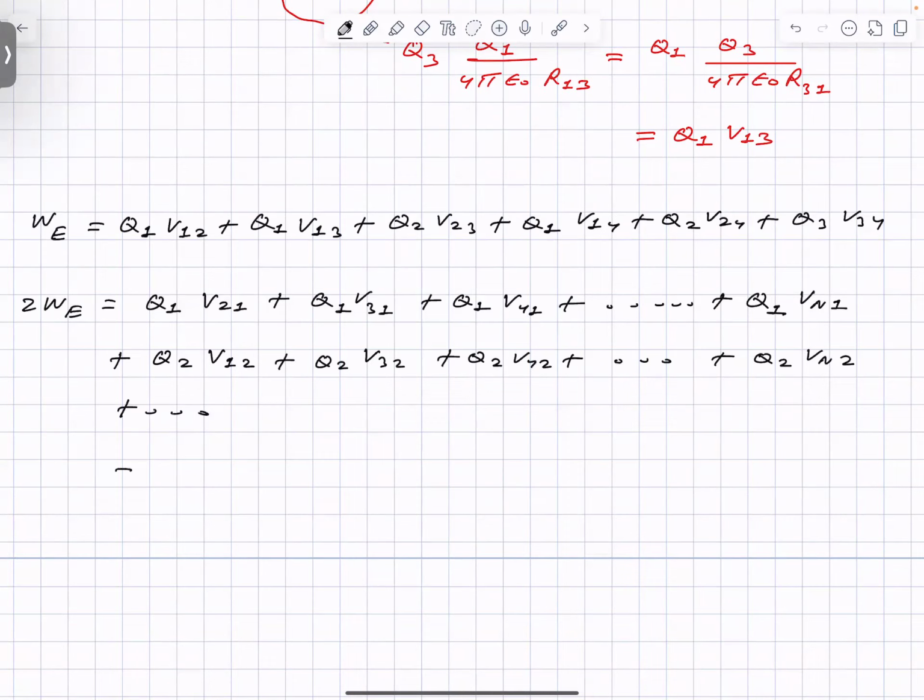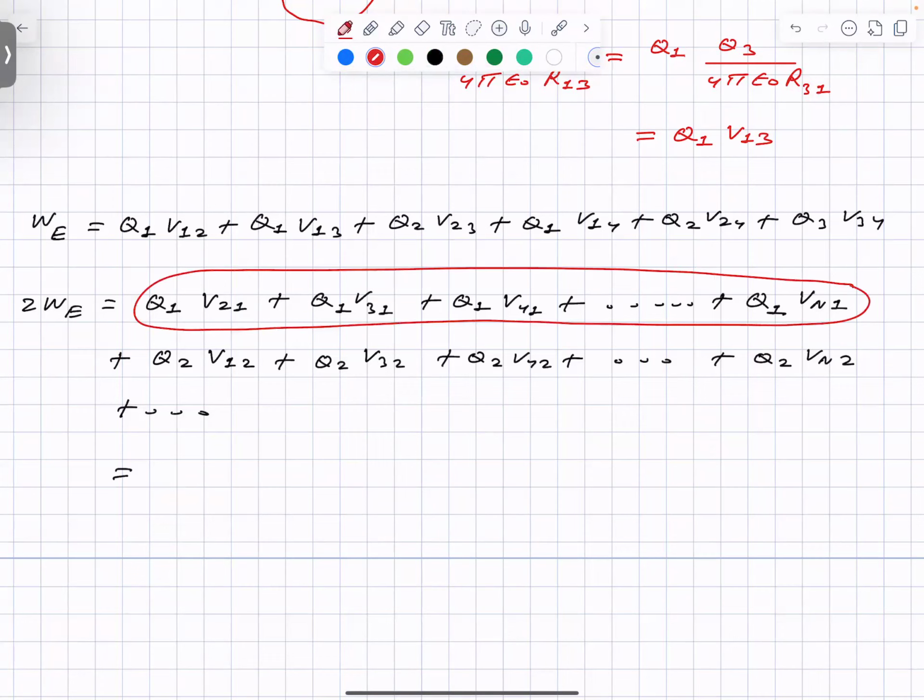And finally, what we can do is factor out Q1. In the top expression, we can factor out the charge Q1 and the remaining potential, the sum of the potentials V21, V31, V41 up to Vn1.